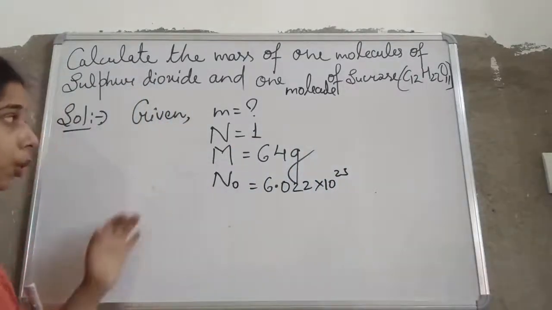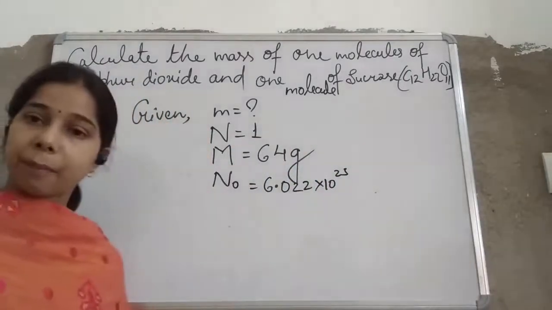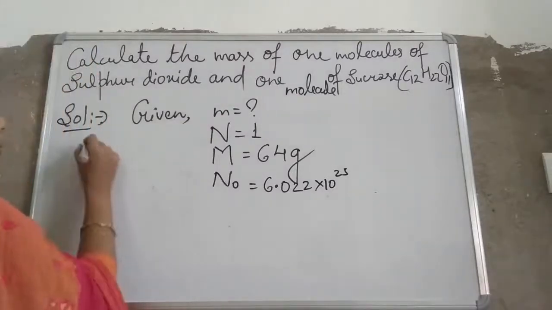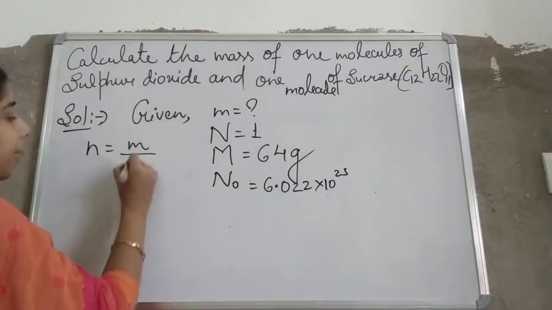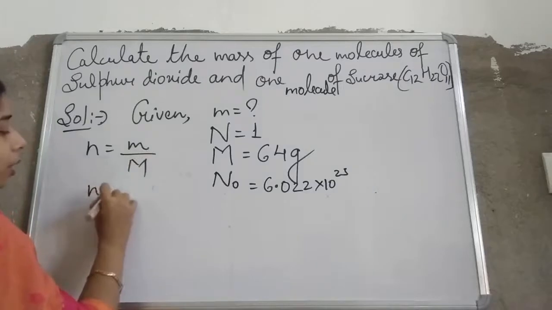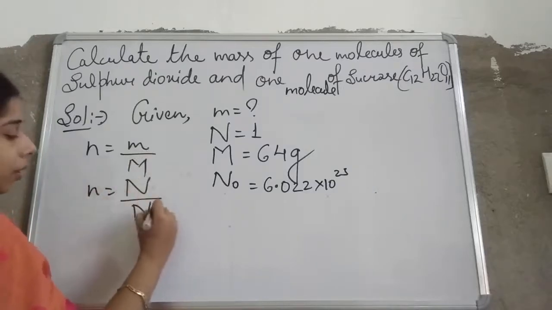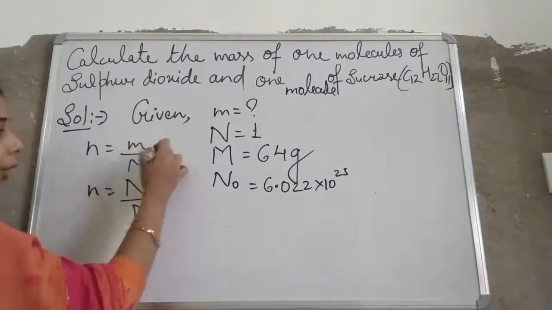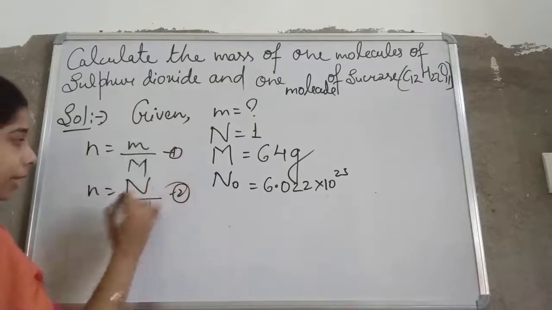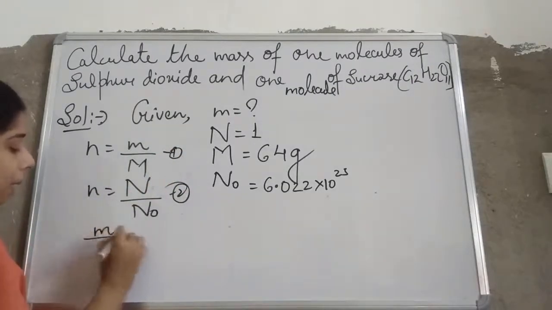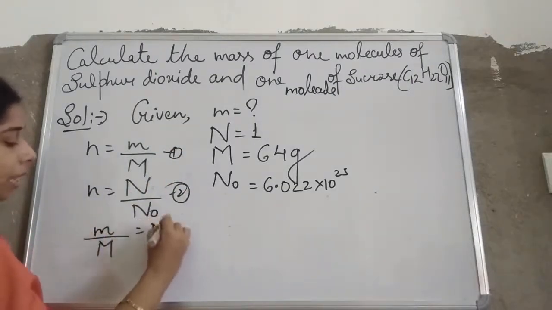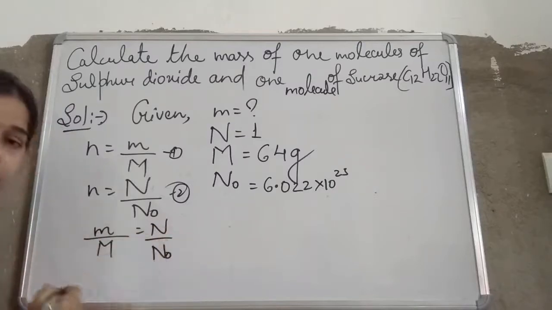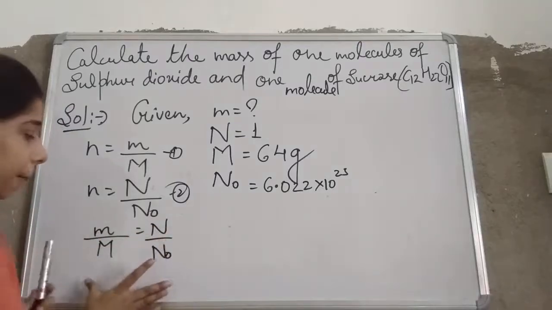All the things are known to us and we have to find small m. Again student, you know that n is equal to m by M. n is equal to capital N by N naught. Okay. By equating the first to the second, we will get m upon M is equal to N by N naught. Okay, so we can apply this formula.